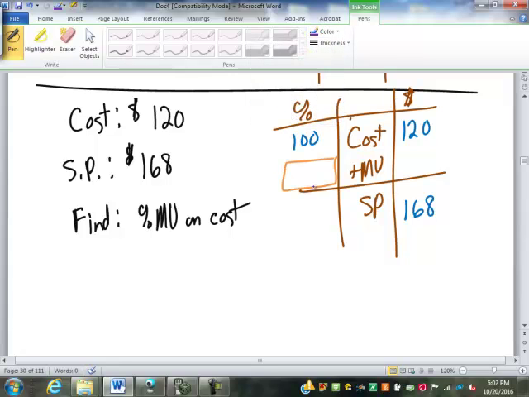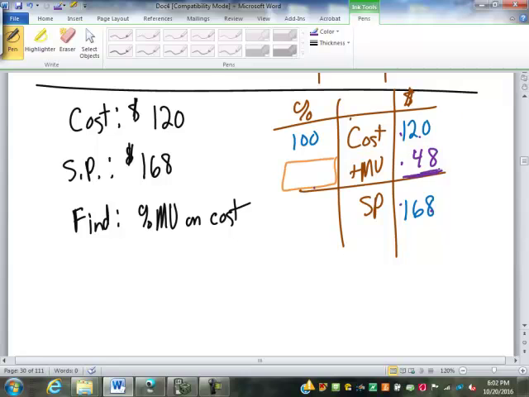Do we have what we need to know to find this right now? We do. We just need to figure out a piece that's missing. We know this amount. How do we find that amount? Subtract. 168 minus 120 tells us this has to be 48, because 120 plus 48 has to equal 168. Cost plus markup always has to equal selling price, period.